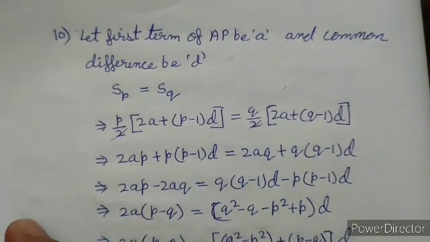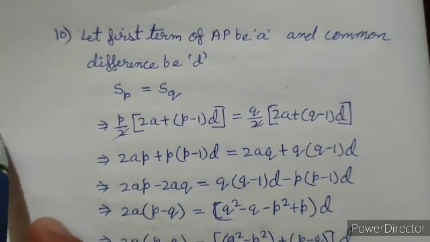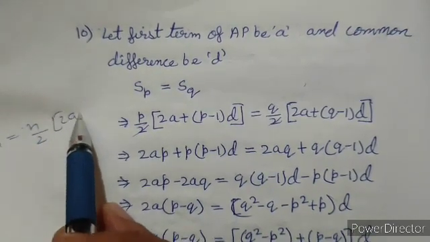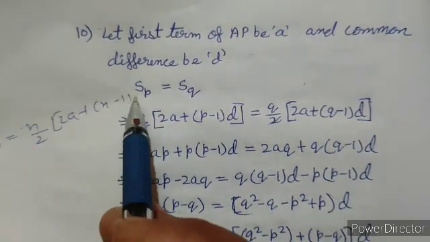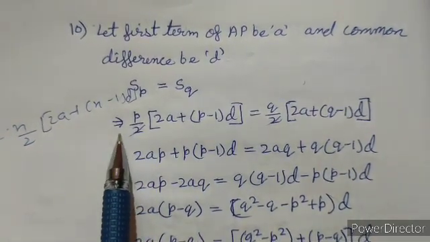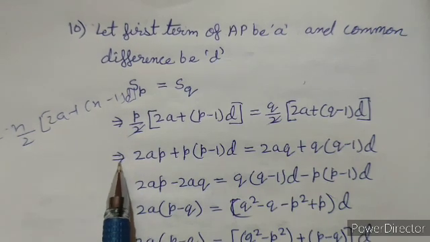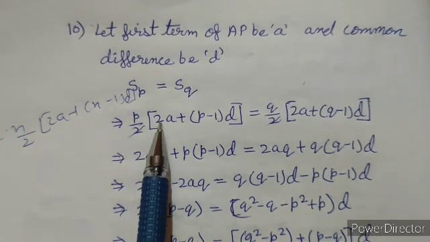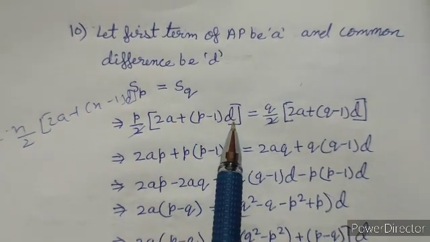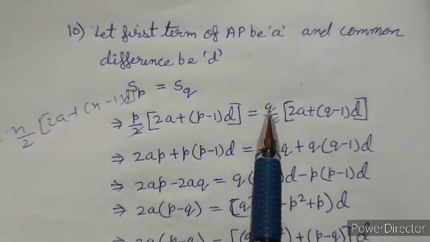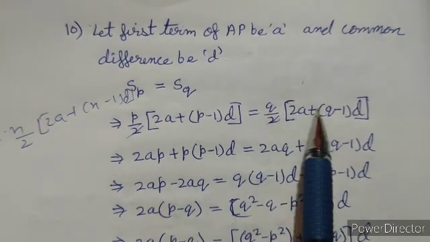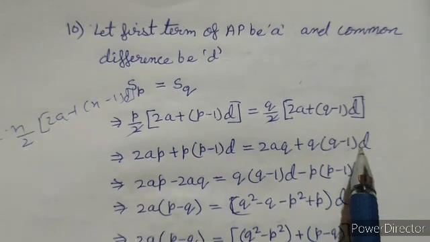Now by the formula of Sn equal to n upon 2 into 2a plus (n minus 1)d, this will be equal to 2ap plus p into (p minus 1) into d equal to 2aq plus q into (q minus 1)d.